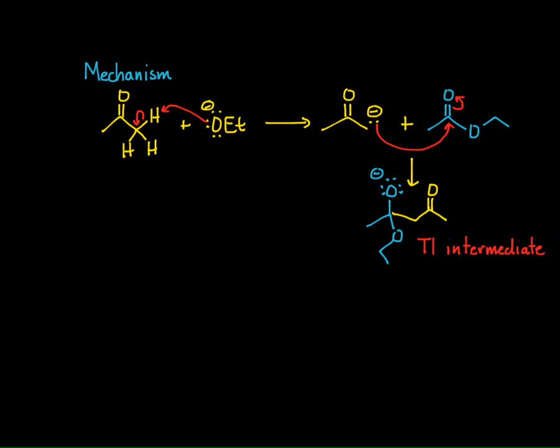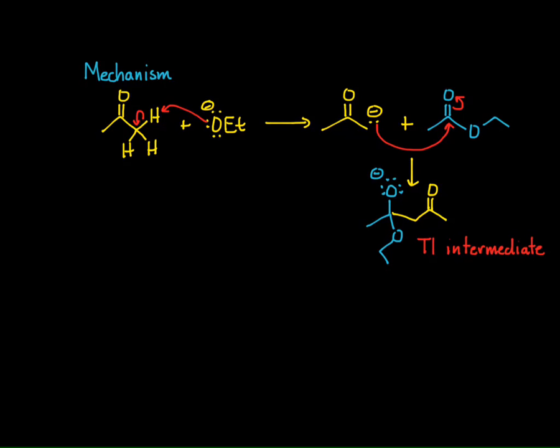just so you can see where the carbons are coming from. When the alpha carbon adds to the carbonyl, I form a carbon-oxygen single bond now. So I'm forming an oxoanion, and of course the ethoxide group is still on it, and I've now added to the alpha carbon, and the rest of the ketone is attached.